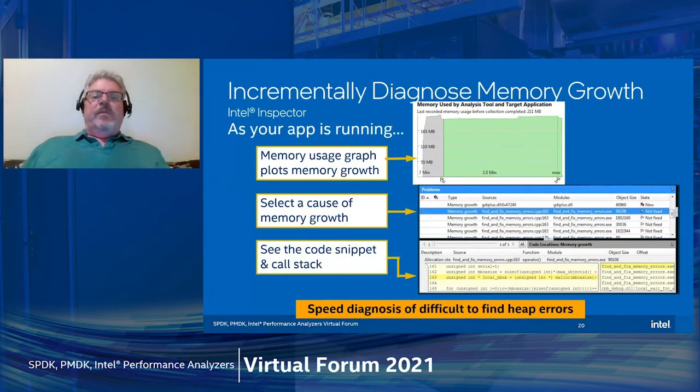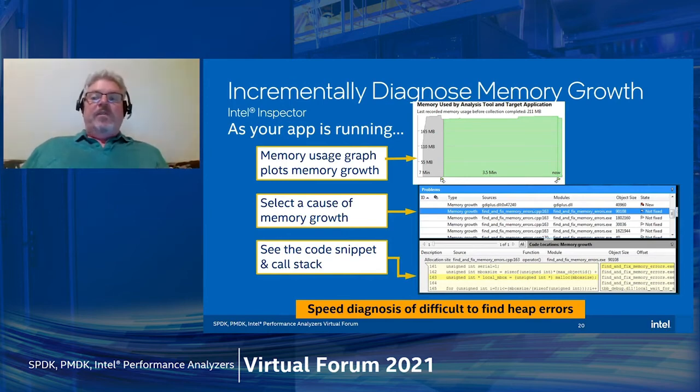Inspector has a really nice way to diagnose memory growth. On the right-hand side, we have a chart of the memory usage over time. In the list of problems we actually have memory growth.